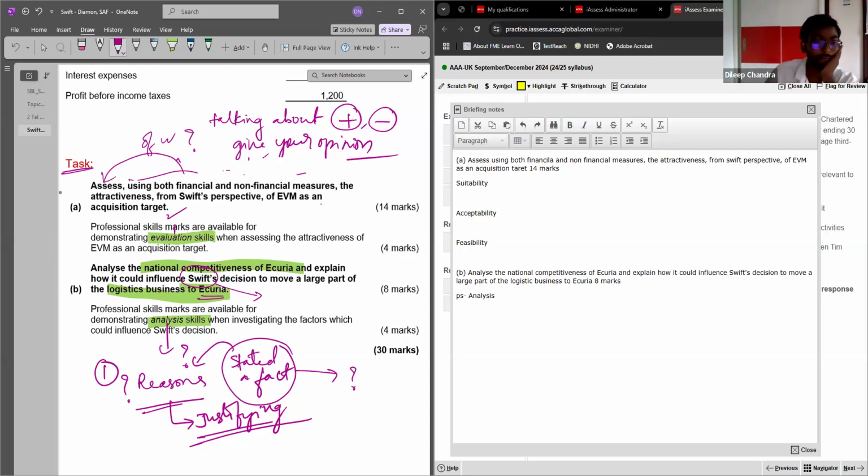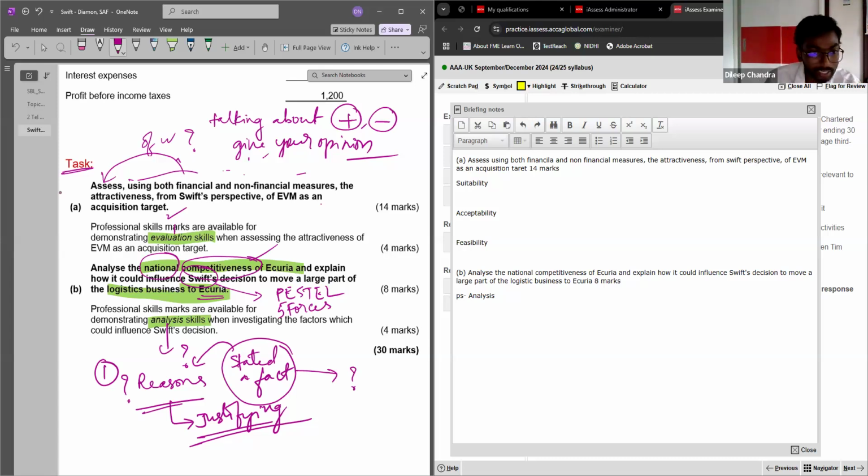So when we hear about national competitiveness, what are we thinking of? The moment we see nation, we might be thinking of PESTLE. Competitiveness, we might be thinking about Porter's Five Forces, right? Industry attractiveness, Porter's Five Forces.